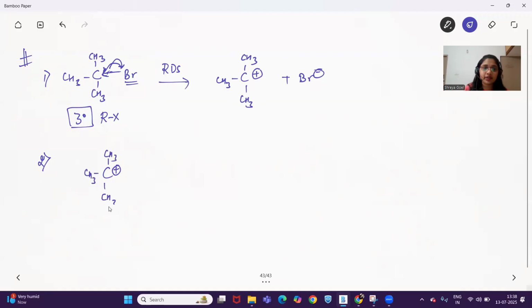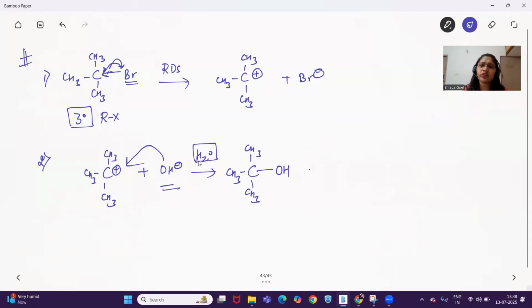So, for example, if we take the nucleophile as OH negative, hydroxyl ion, it will attack on the positive charge, and the final product we get here is alcohol. Great. And of course, we take H2O as a polar protic solvent or any other polar protic solvent here. So this is one example of SN1 reaction, students.